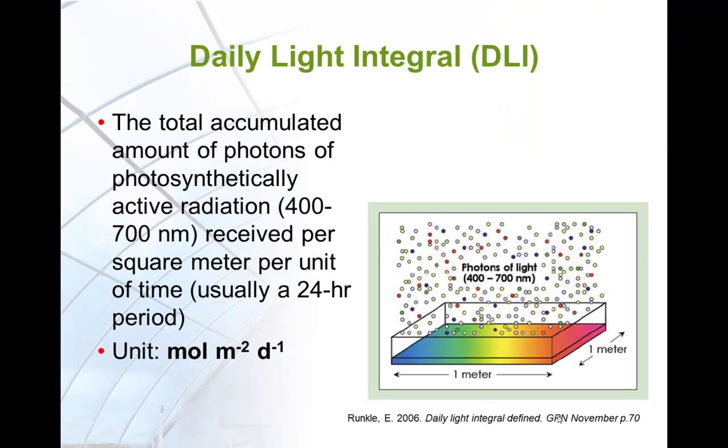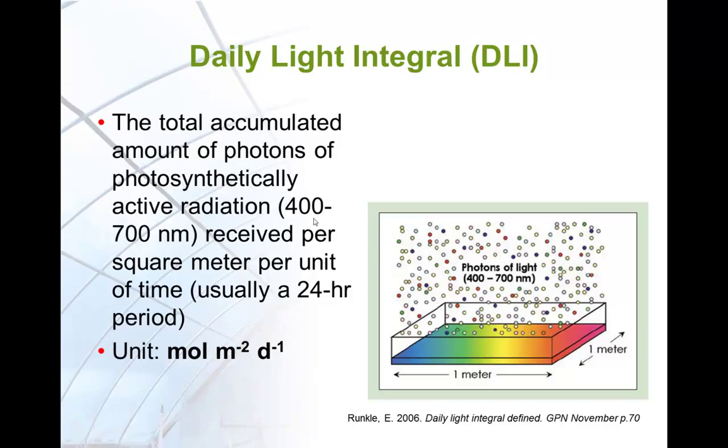Another important parameter used widely in horticulture and horticulture engineering is DLI, which is daily light integral. As you learned in the previous slide, PAR is an instantaneous measurement, and DLI is a more cumulative value. So it's like a rain gauge and often expressed per day.